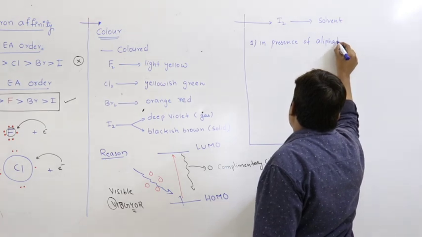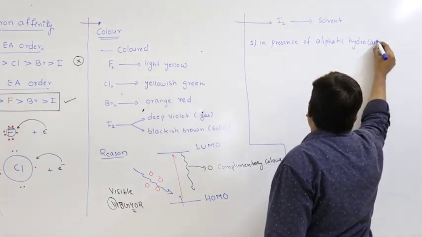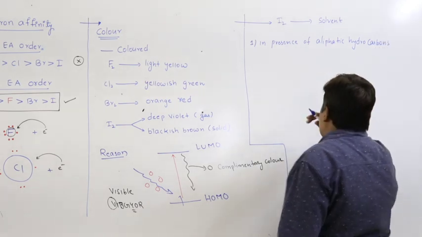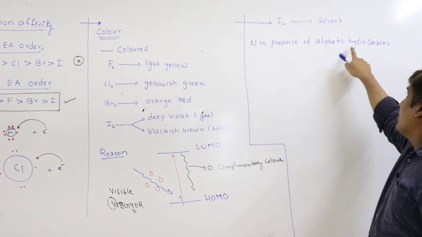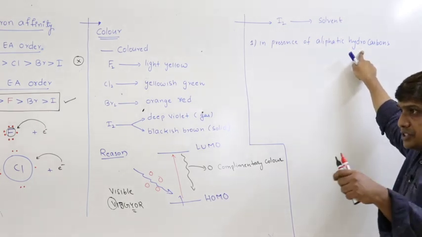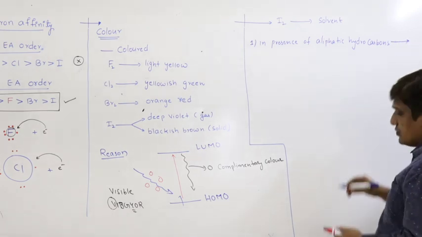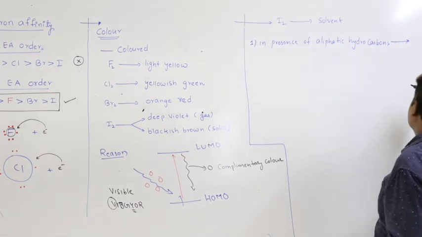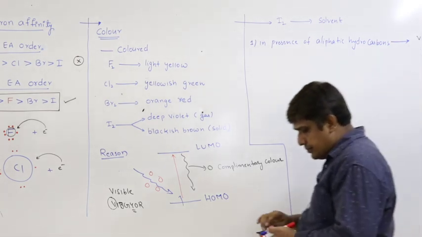In presence of aliphatic hydrocarbons, that means if iodine is dissolved in aliphatic hydrocarbons, the color is found to be the same, that is violet, no change.